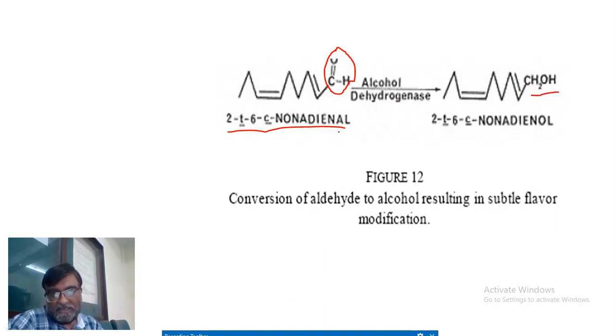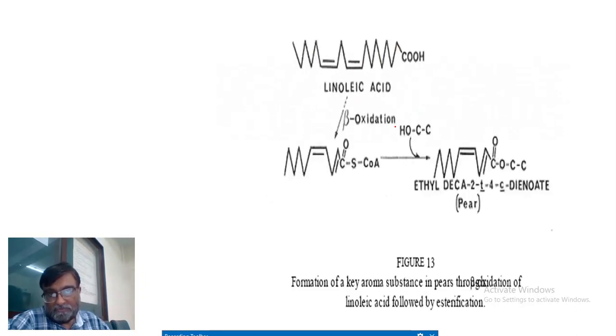So this aldehyde group can be converted into an alcoholic group through dehydrogenase. What is this dehydrogenase doing? It is doing the oxidation-reduction reaction. Here in this case, it is a reduction type of reaction through alcohol dehydrogenase.